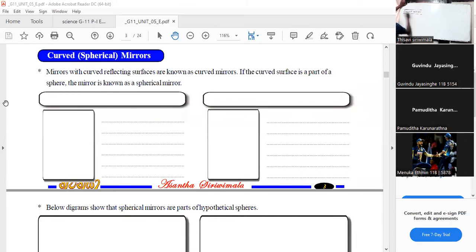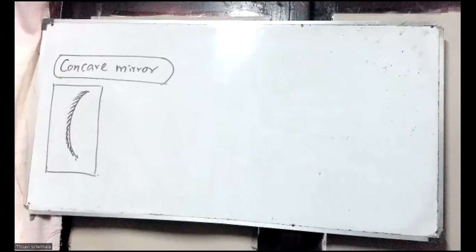This will come to that box. And you can draw a diagram of the concave mirror. This is how it appears. But the reflection will be done from inside.